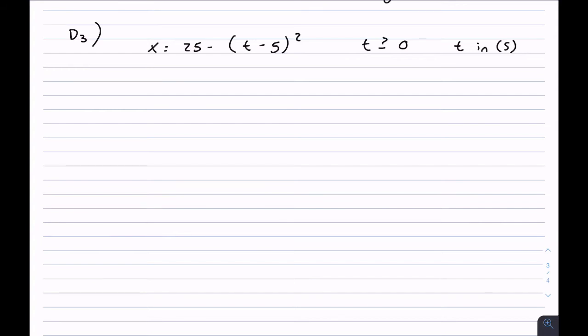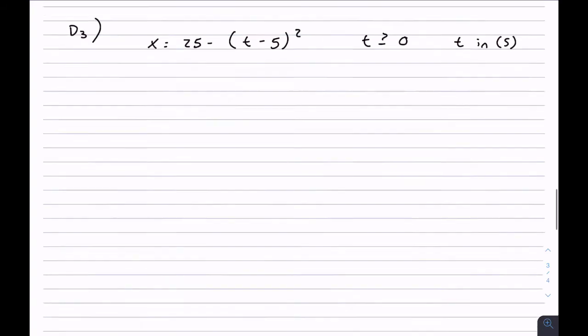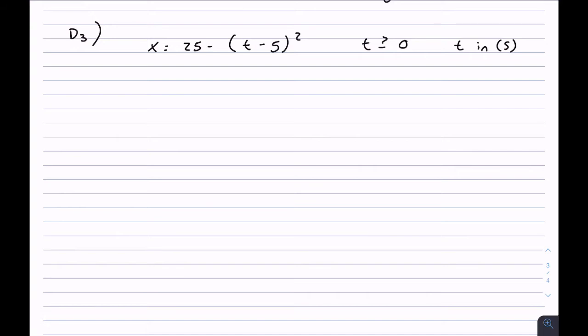All right. So we need to find where this thing goes to 0. Let's first draw axes. This is x of t up here. This is going to be t in seconds.